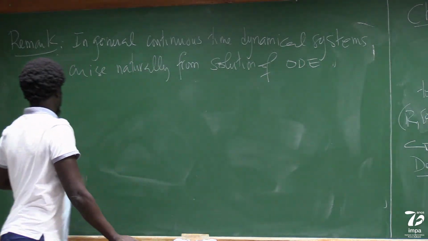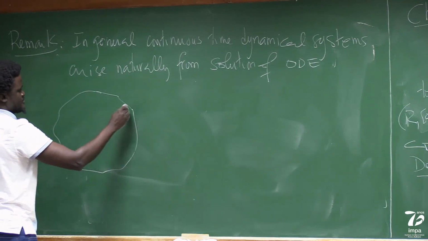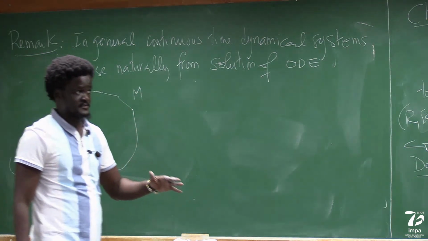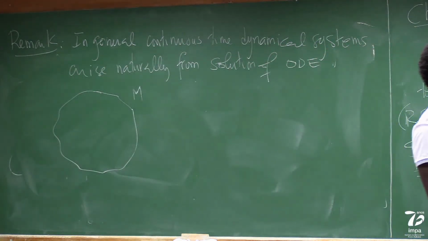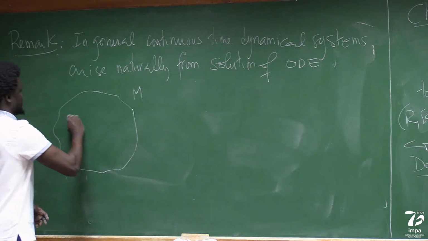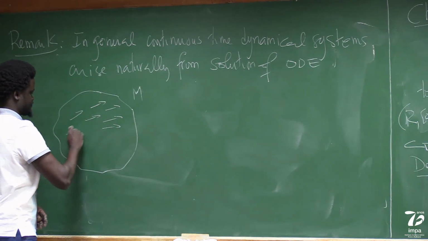So this is what I'm saying: if you have, let's say, your phase space M, and a vector field, like here V is a constant vector field, at every point I have a vector.